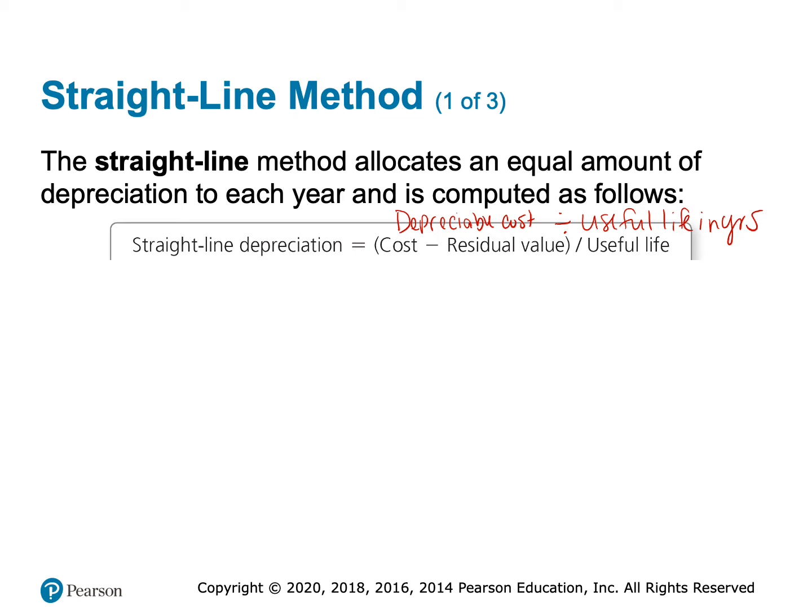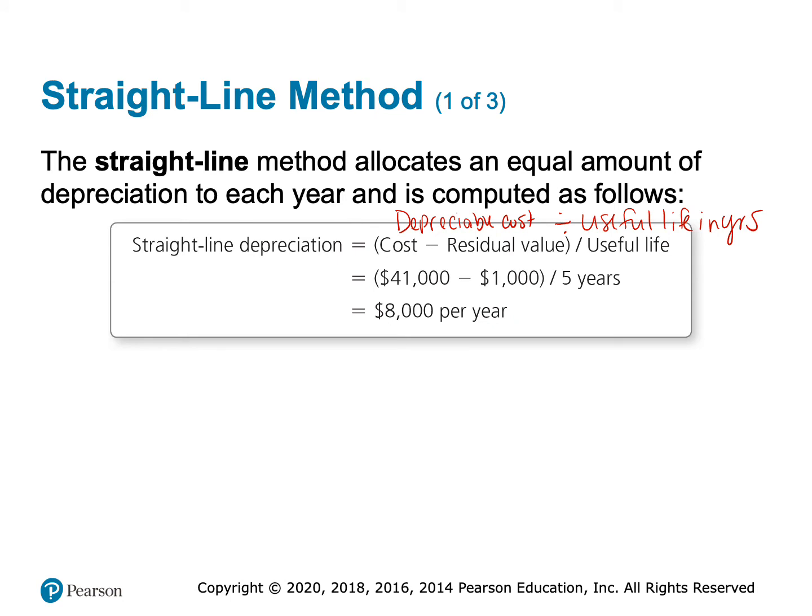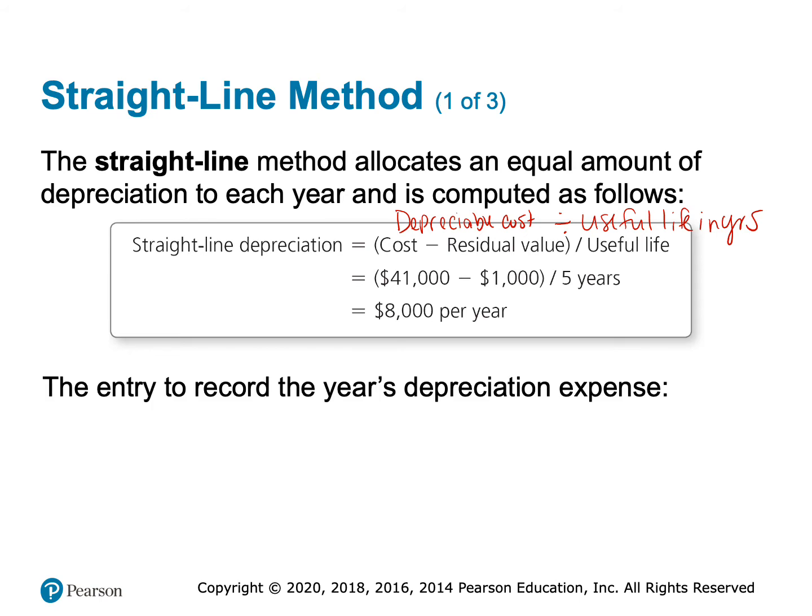So our numerator is the depreciable cost of $40,000. We think we're going to use $40,000 of this truck's life over a 5-year period. So if we crunch those numbers out, we get 40,000 divided by 5 years. We're going to take depreciation of $8,000 a year.